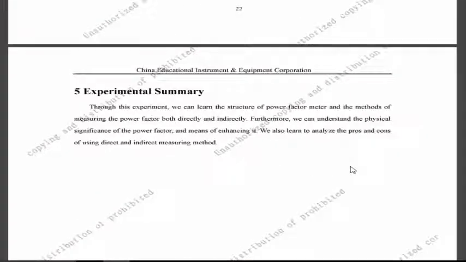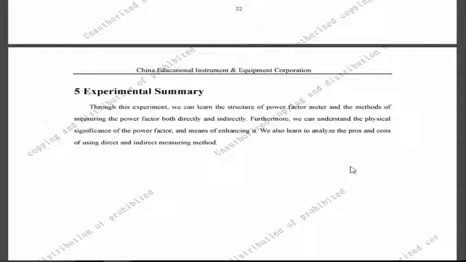Through this experiment, we have learned the structure of the power factor meter and the methods of measuring power factor, that is the indirect method and direct method. Furthermore, we can understand the physical significance of power factor and the means of enhancing it.